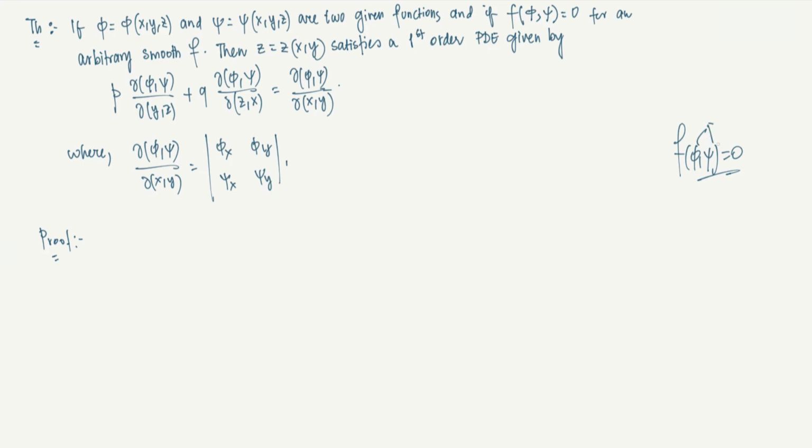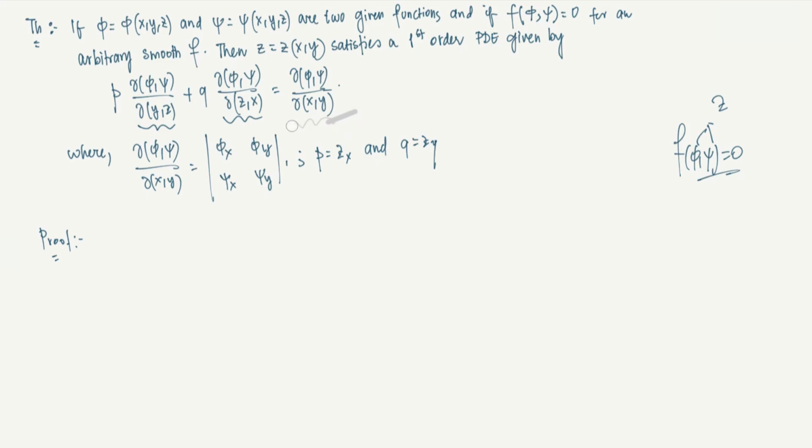If this happens, then z, a function of x and y, will satisfy this particular first order PDE. These are basically functions, and then P and Q are your z_x and z_y, where P is z_x and Q is z_y. So you do realize this is a first order PDE.